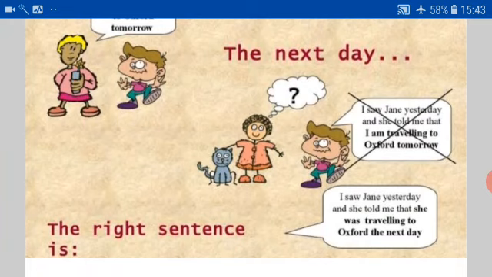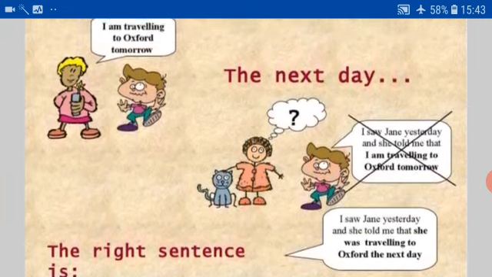The right sentence is this: I saw Jenny yesterday and she told me that she was traveling to Oxford the next day. Now you are looking here, I is converting into she. I am traveling is converting into was traveling. Tomorrow is converting into the next day.